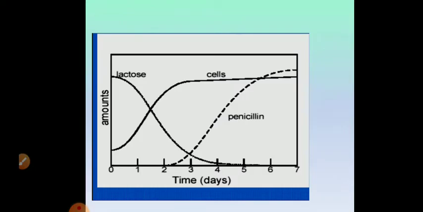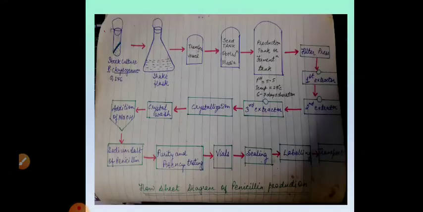So from this graph you can see that after a period of 2 days, after 48 hours, when the growth phase is over, the penicillin production actually gears up. Okay, the lactose gets exhausted and penicillin production starts only after growth phase.